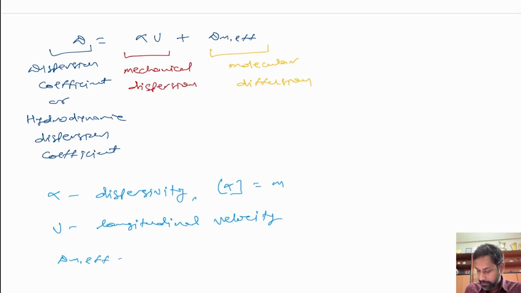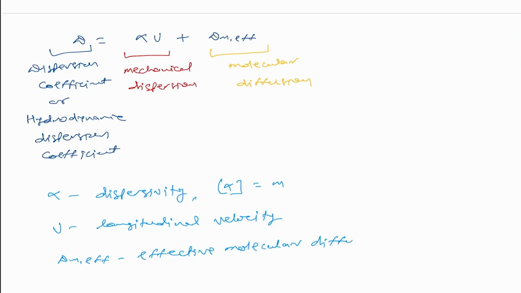and Dm effective is the effective molecular diffusion coefficient, right? And why do we call it the effective molecular diffusion coefficient?